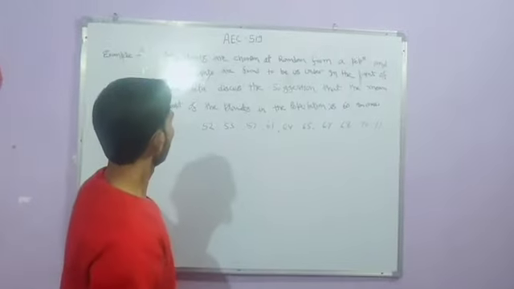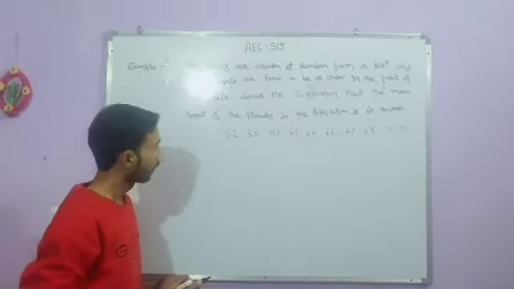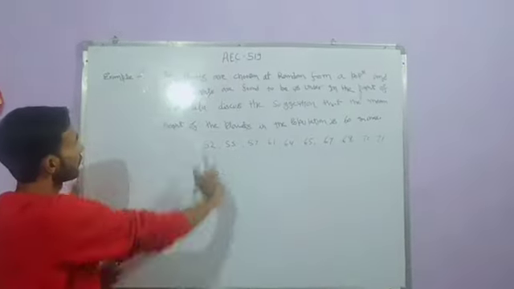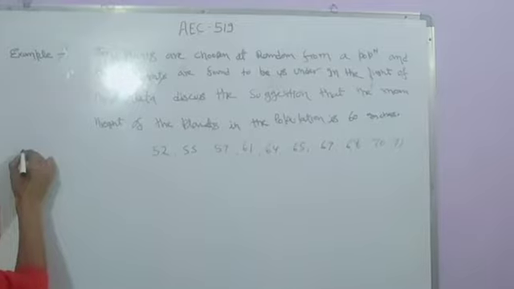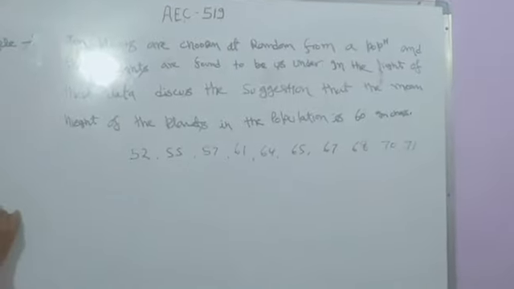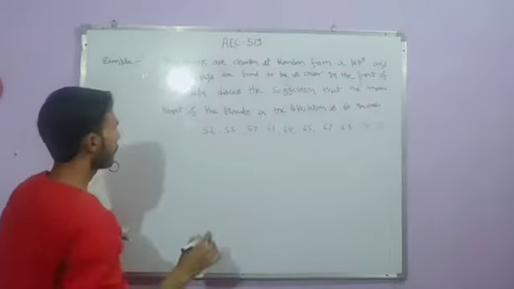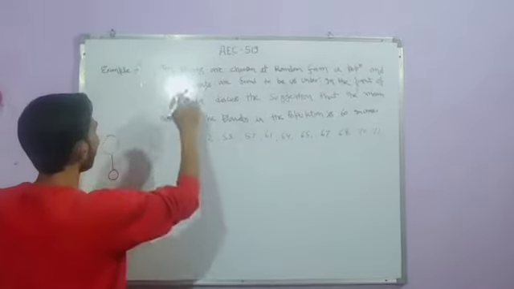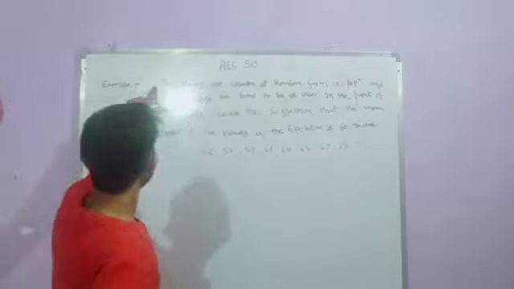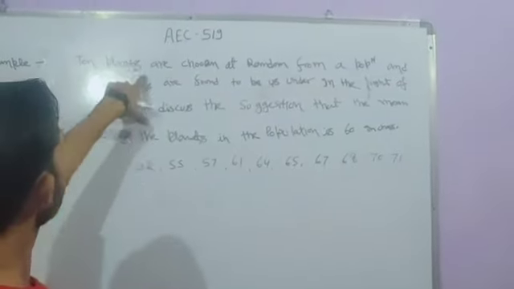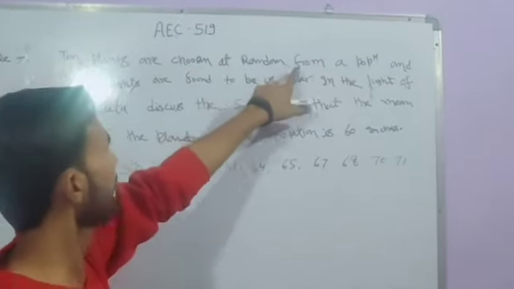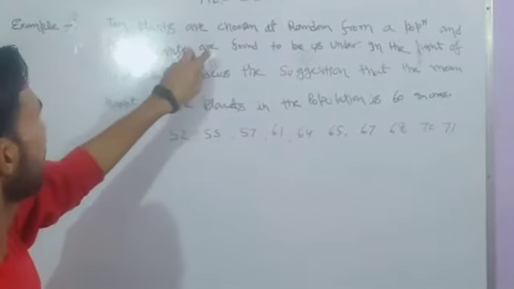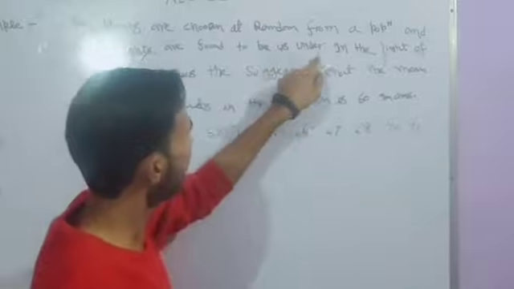Dear students, now have a look at the board. It is an example of the t-test with one sample drawn from a population. Example: 10 plants are chosen at random from a population and their heights are found to be as under.